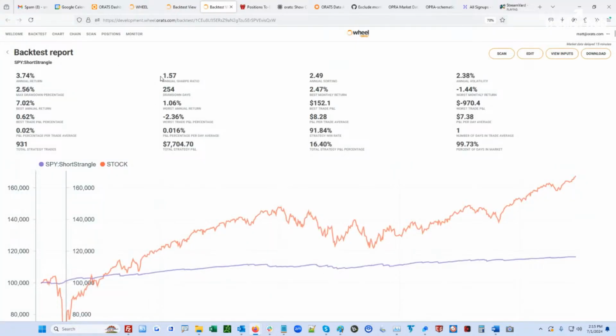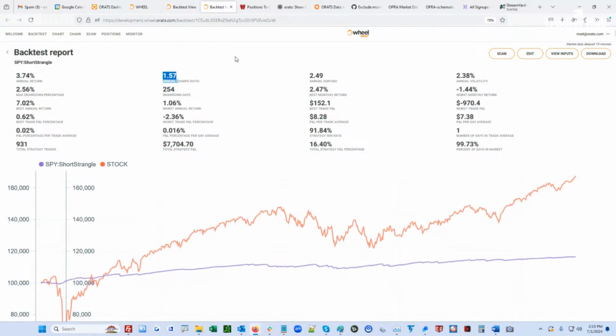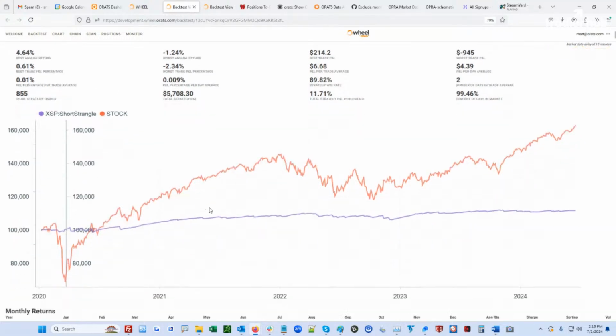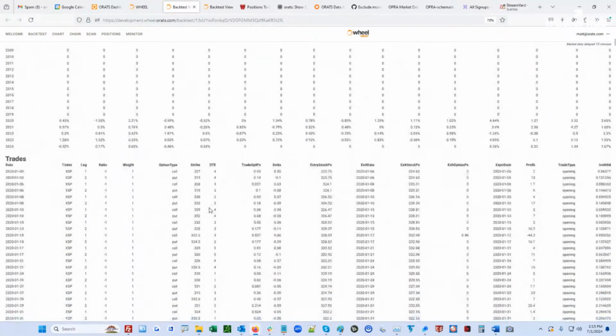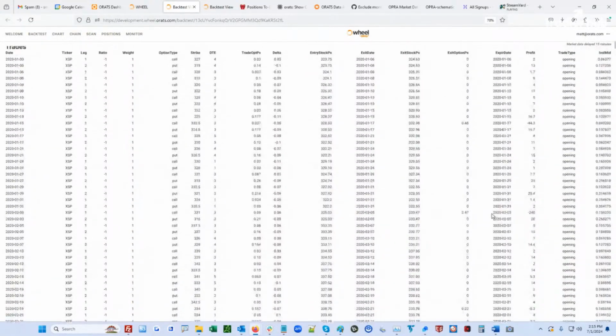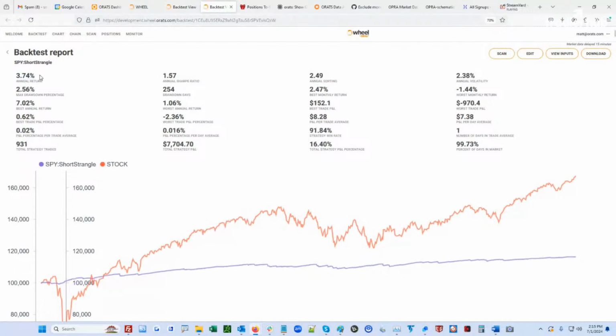You'll see that the SPY has a lot higher Sharpe, 1.57 versus under 1, and a lot higher annual return. And again, this is all because when you're closing out a trade, in XSP, they will expire worthless, whereas in SPY, there's still some value to them.